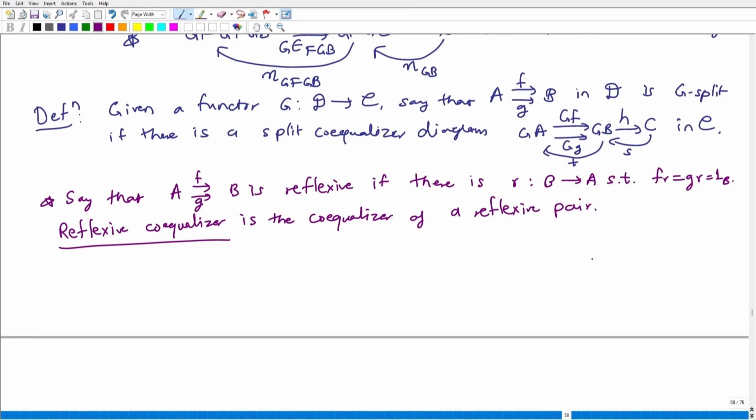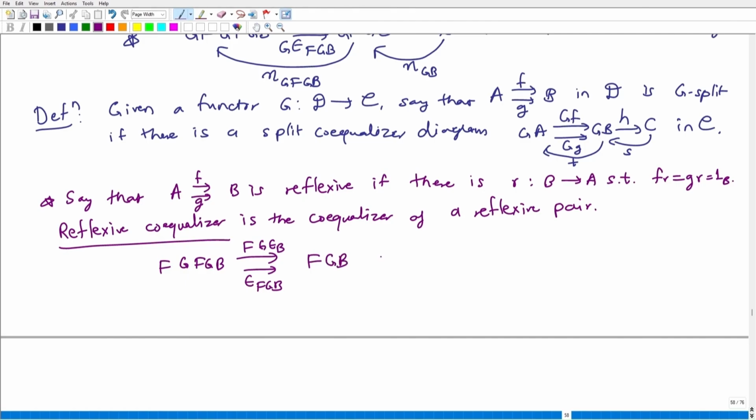So take FG and this parallel pair with FG epsilon B, and over here we take epsilon sub FGB and get down to FGB.